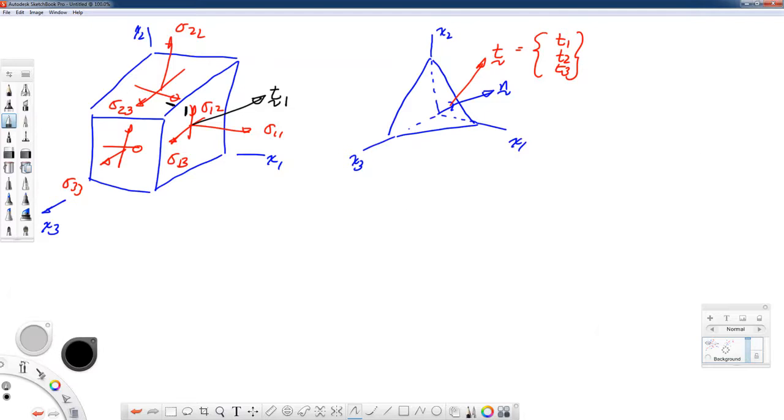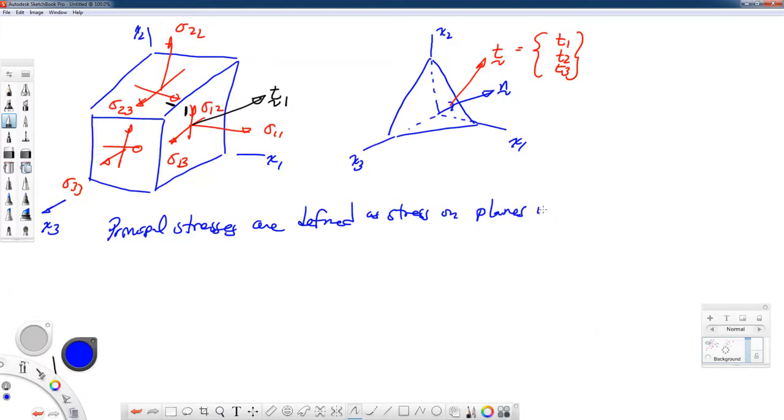Now we're going to define principal stresses. They are defined as the stresses on planes with zero shear stress.